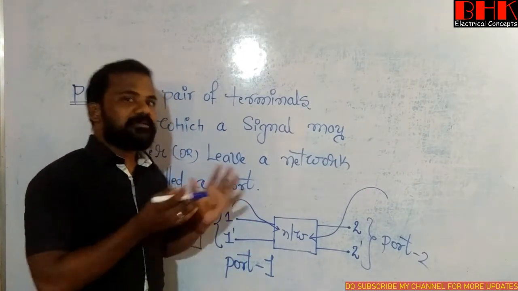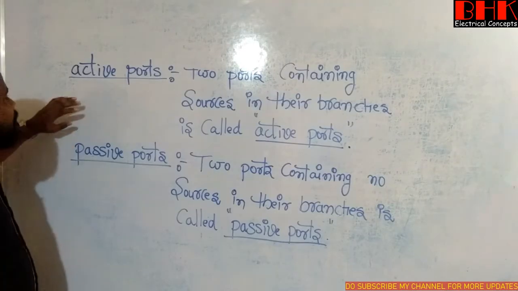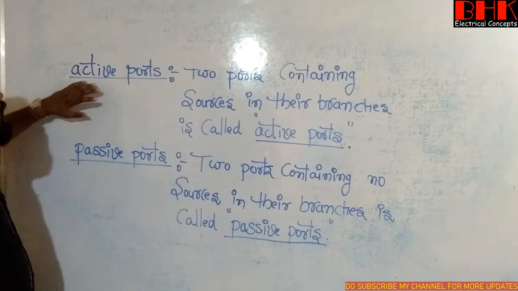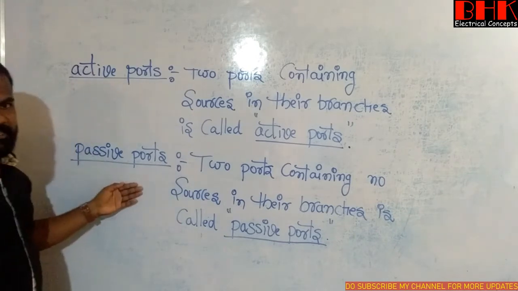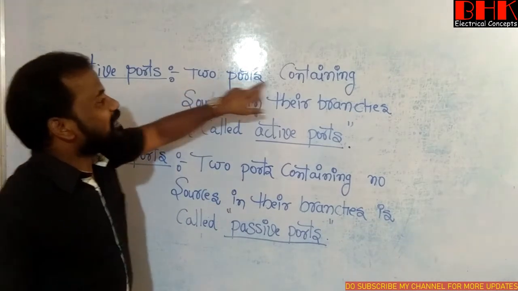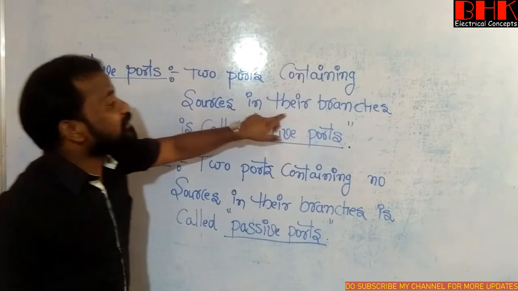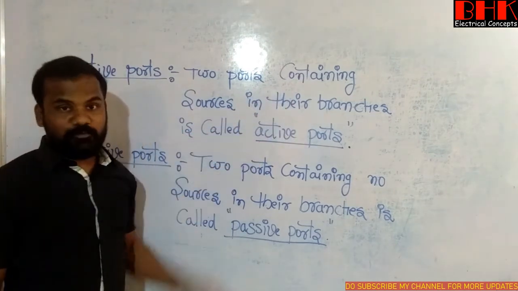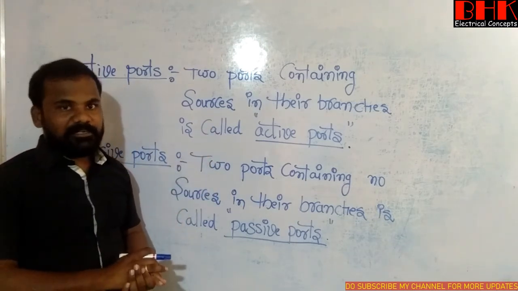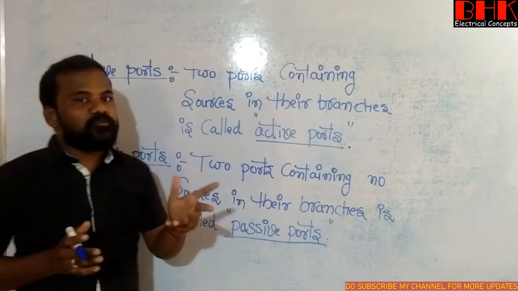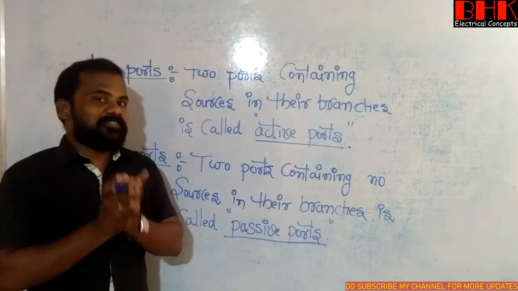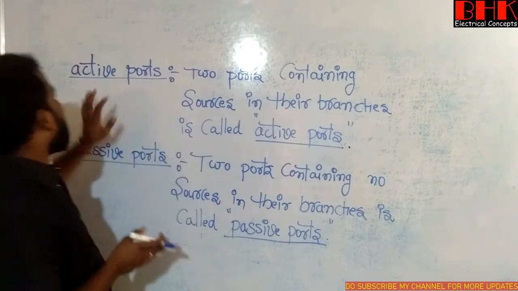Now go for the main concept. After the definition of port and two port, two other important definitions are active ports and passive ports. What is the definition of active ports? Two ports containing sources in their branches are called active ports. It means, if you consider a two port network and any voltage source or current source is present in its branches, then that type of network comes under active ports.